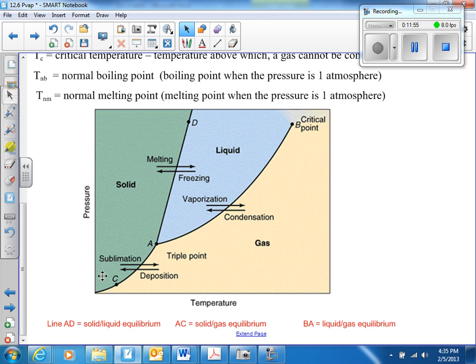And if you go gas over across this line to a solid, that is called deposition. And then I've just given you from B to A is the liquid-gas equilibrium, A to D is the solid-liquid equilibrium, A to C is the solid-gas equilibrium.